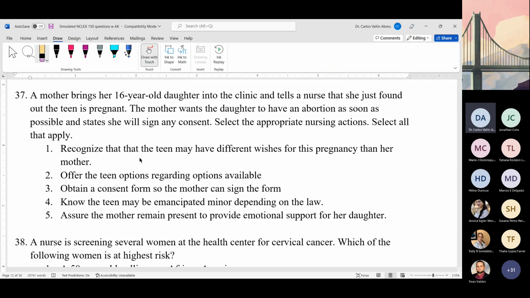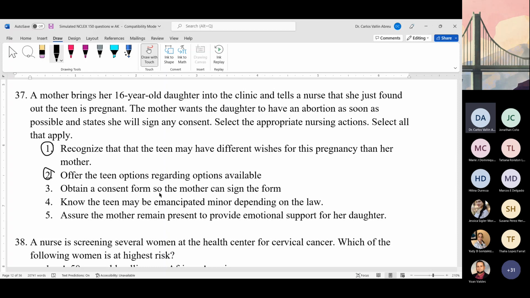Select the appropriate nursing actions that apply. Recognize that the teen may have different wishes for the pregnancy than her mother. Yes or no? Yes, of course. Offer the teen the available options. Yes, of course.